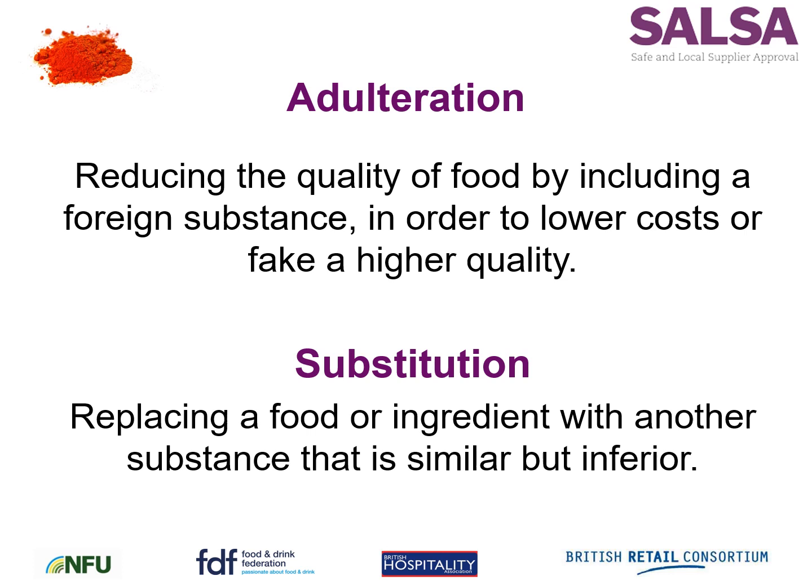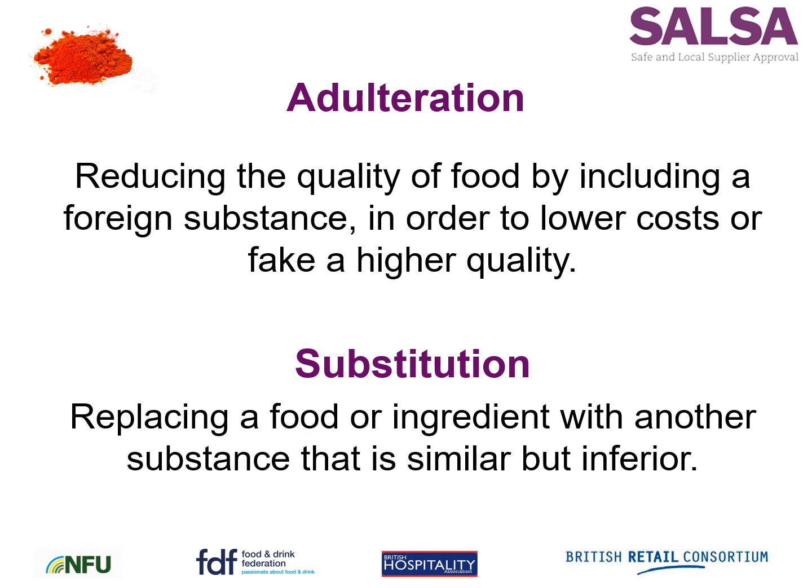Substitution: replacing a food or ingredient with another substance that is similar but inferior. Both definitions are describing opportunities to defraud or compromise the integrity of food products. So therefore, potentially, the food is not safe or not what it says it is.